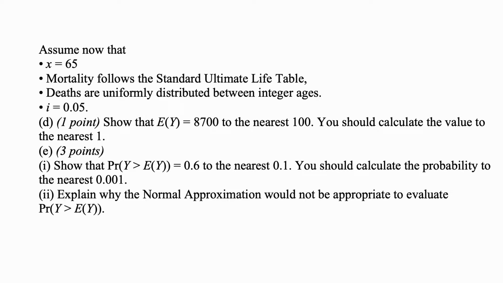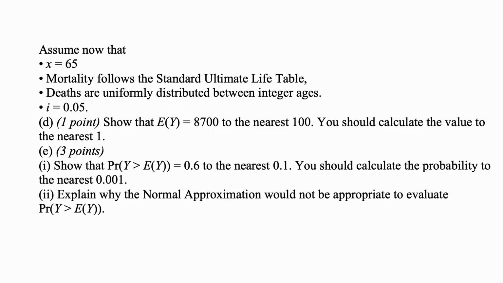And you can find the old illustrative life table used on the exams before July 2018 at smarturl.it/ILT. Deaths are uniformly distributed between integer ages. Interest rate is 5%, which is the rate in the SULT, Standard Ultimate Life Table.